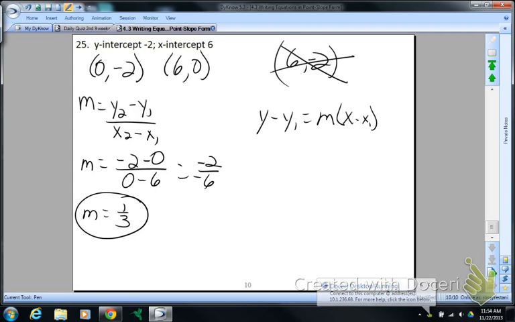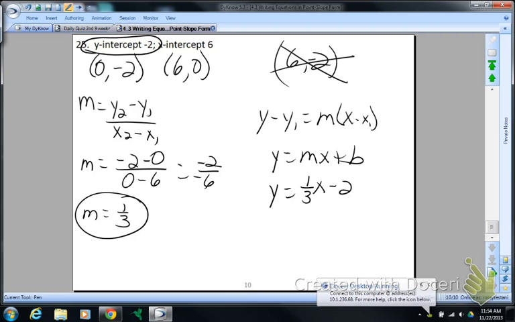But is my b given to me already? What does b stand for? Y-intercept. b stands for your y-intercept. Is our y-intercept given to us? Yes, it's -2. So I can just plug it into this equation. So y equals 1/3 x minus 2.